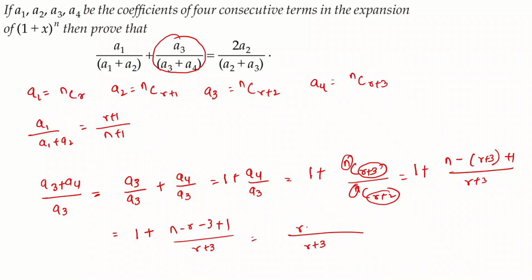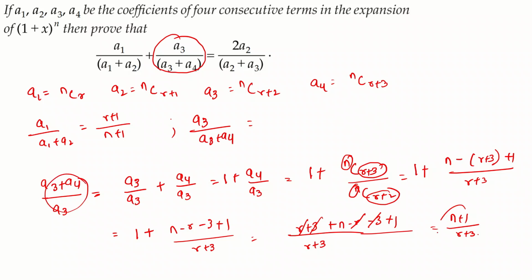So it's r plus 3 plus n minus r minus 3 plus 1. So r cancels out, 3 and 3 cancelling out, we get (n plus 1) divided by (r plus 3). So the reciprocal of this, which is a3 by (a3 plus a4), will be (r plus 3) divided by (n plus 1).